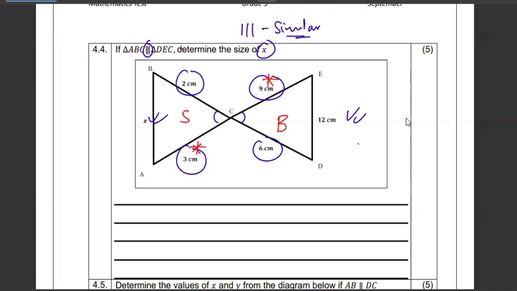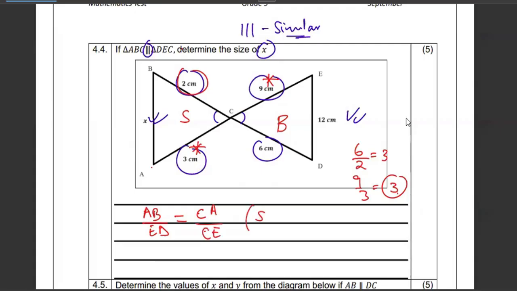So if you get a 6 divided by this 2, we get a 3. If you get the 9 divided by 3, it's also giving us a 3, meaning that I'm going to say that AB over this longer side, which is ED, should be equivalent to the other ratio. I can say, we said AB first, which means we're starting with the small triangle. I'll say AC, which is CA, divided by CE.